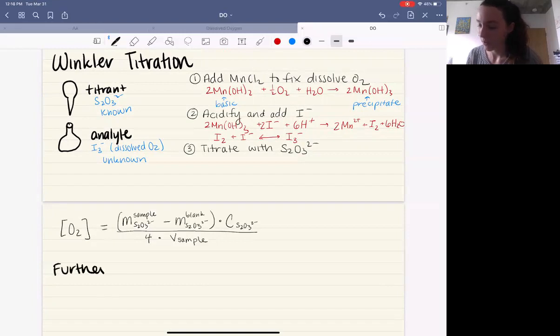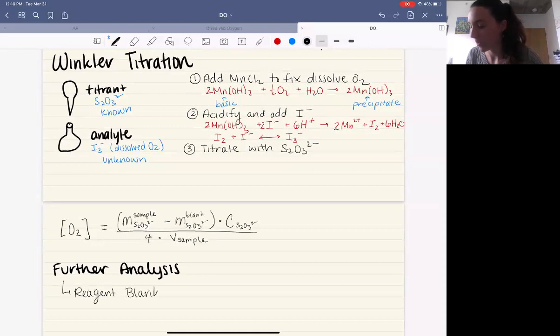So we did do a reagent blank. So maybe discuss how much did the reagent blank help to reduce your error.